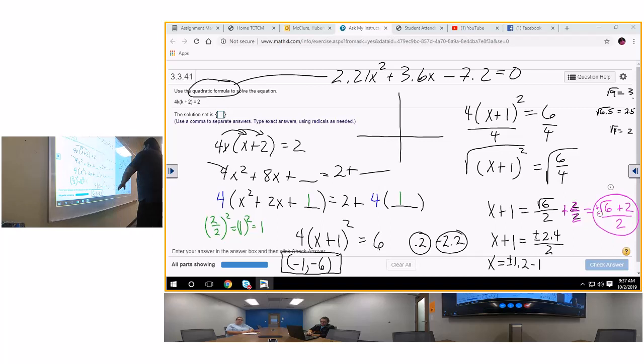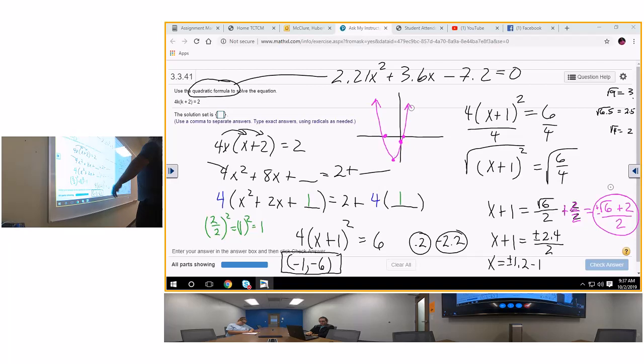Let's see. 0.2 is right there. Negative 2.2 is right there. Our vertex is negative 1, negative 6 down here. So it looks like we're going something like that.